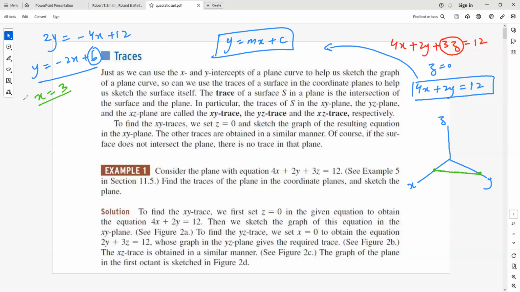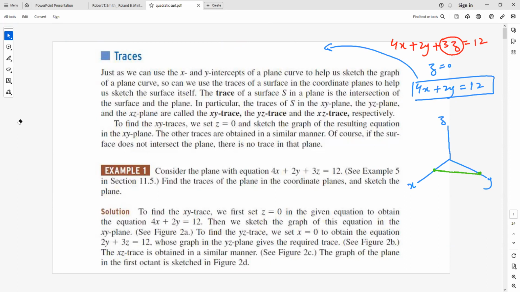Similarly, now we need to find the trace of this plane on the yz plane. So we need to put x equals 0. We get the equation 2y plus 3z equals 12, which is again an equation of a straight line.